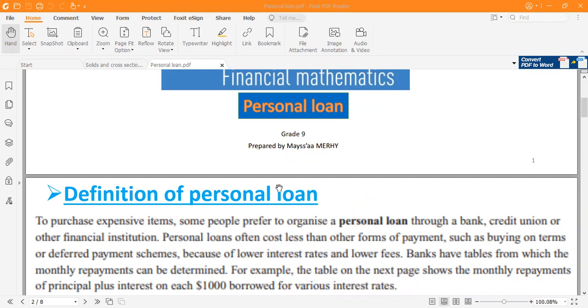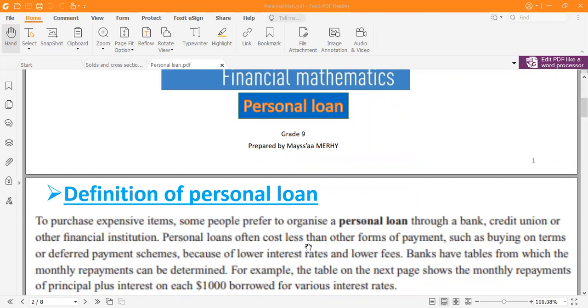Normally this agreement is used to purchase expensive items. In this statement, some people prefer to organize a personal loan through a bank, credit union, or other financial institution.